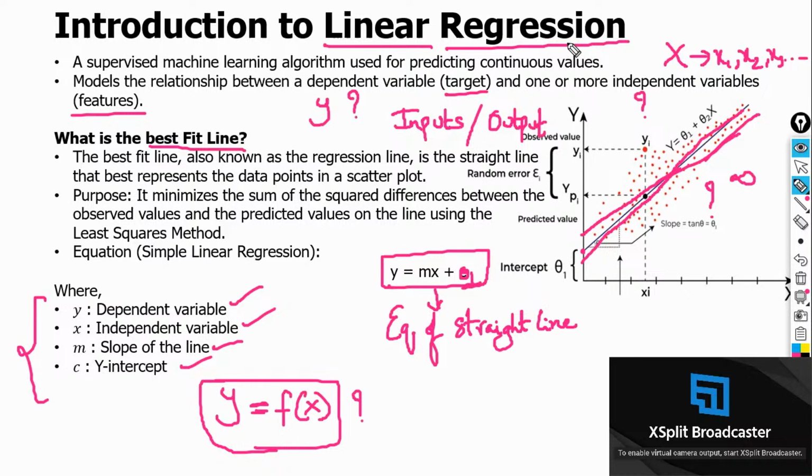Regression is nothing but you are going to predict continuous data. Linear regression ensures that there is a linear relationship between dependent and independent variables. And we are going to identify a best fit line, so we are going to form an equation that is y is equal to f of x.